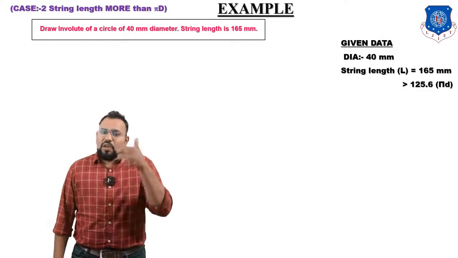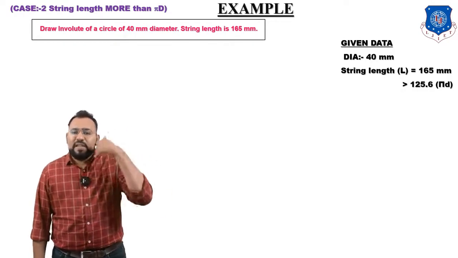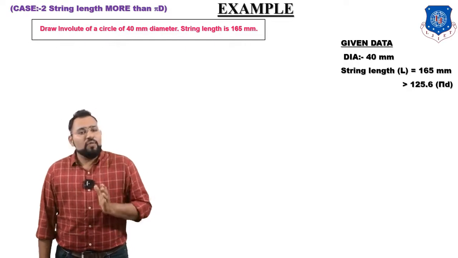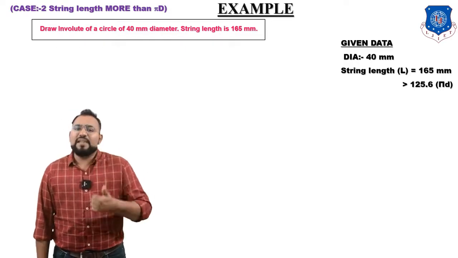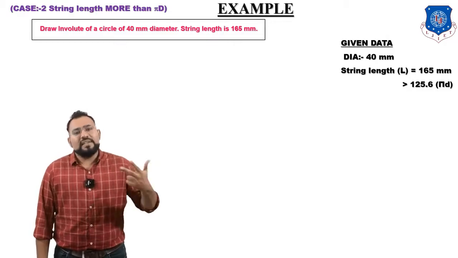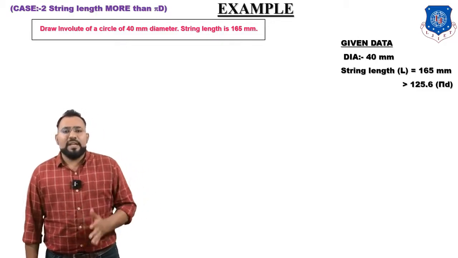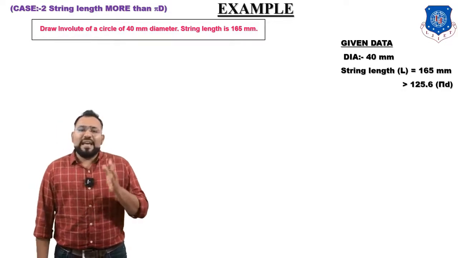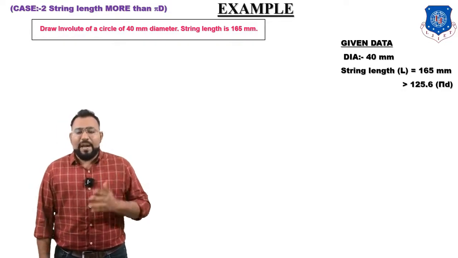So that's how you can decide whether the given string length is less than pi d or greater than pi d. I hope you understand this. In today's video we have a case where string length L is greater than pi d.